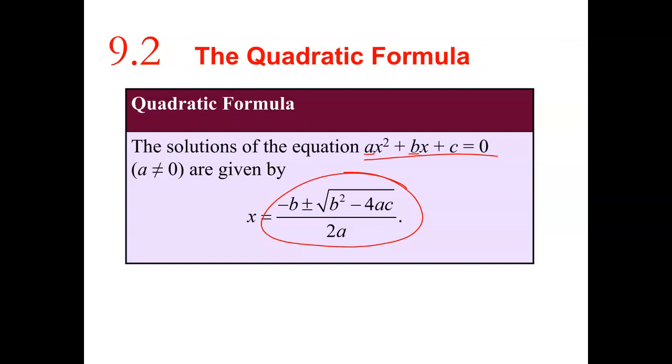The other big thing is with a lot of our answers, we are not going to get nice, pretty numbers, okay? Because if we do, then that means we probably should have factored it to begin with. It would have been faster to factor than using the quadratic formula. Be very, very careful when you're using the quadratic formula, especially the more stuff you're plugging into your calculator, the more room for error that you have.